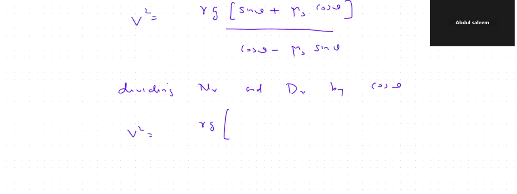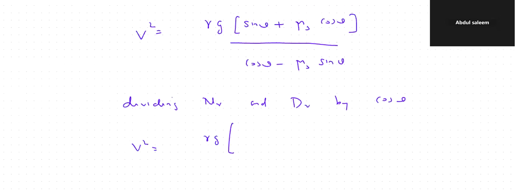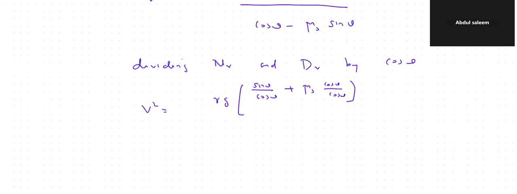So it becomes sin theta by cos theta plus mu s cos theta by cos theta, divided by cos theta by cos theta minus mu s sin theta by cos theta.